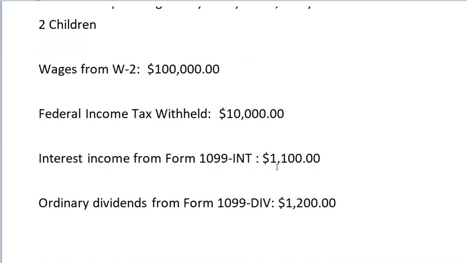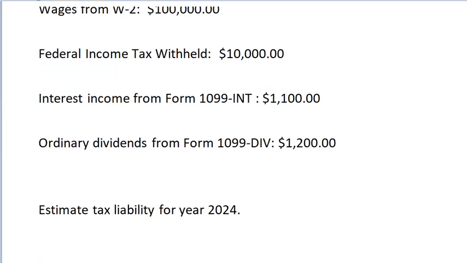They also get $1,100 from interest from Form 1099-INT, and they also get $1,200 from dividends from Form 1099-DIV. With this information, what we'd like to know is what will their tax liability be for year 2024?